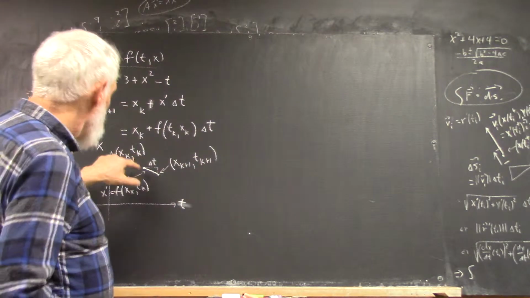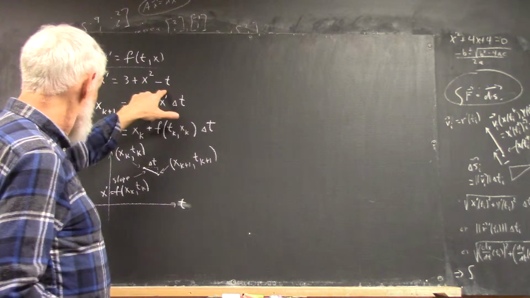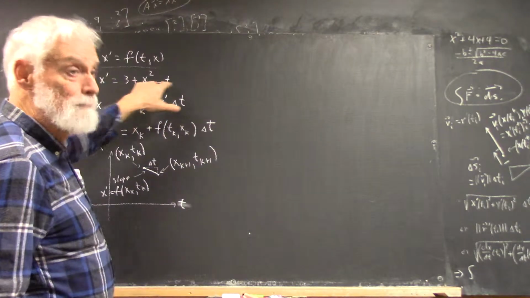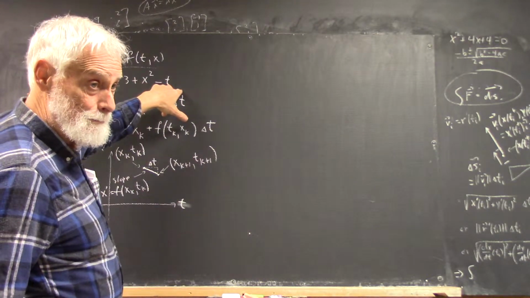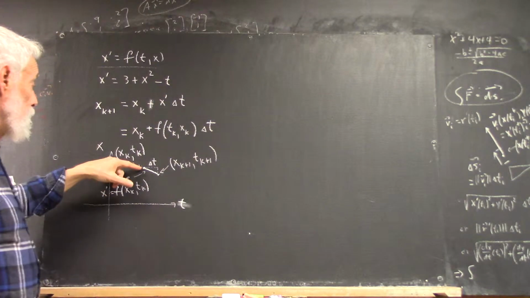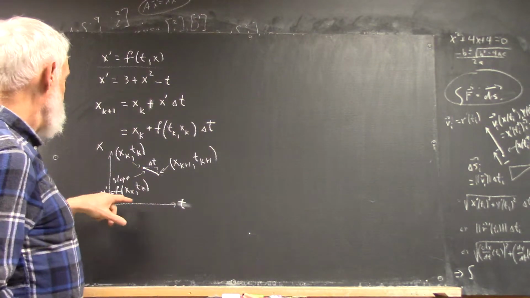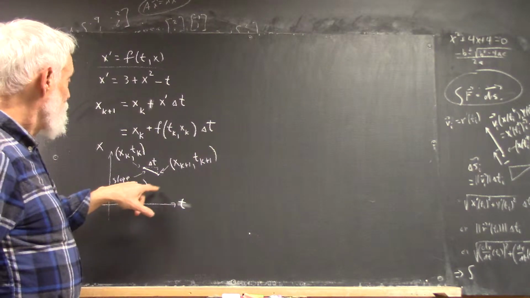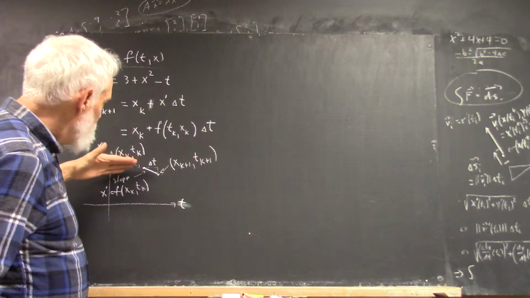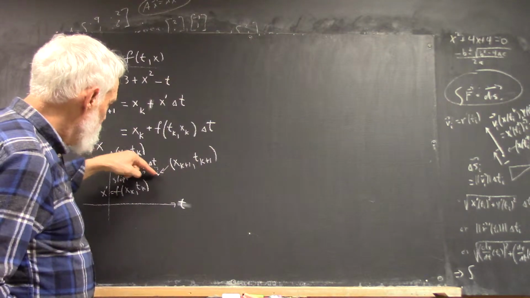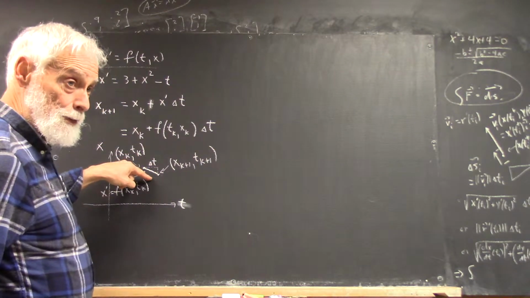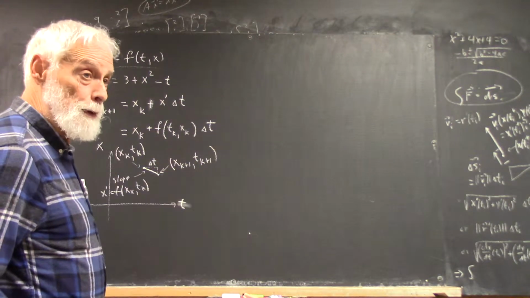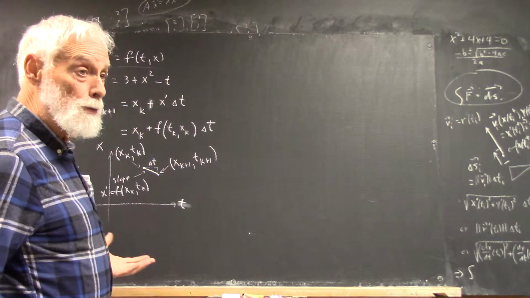Evaluate this at this point, and it's the same as saying x prime equals whatever you get if you plug xk and tk in. So here's your point. Your slope is f of xk, tk. And you're going to project by moving this far in the t direction. You project along this line segment to get your xk plus 1, tk plus 1. And then you just write down what that is.